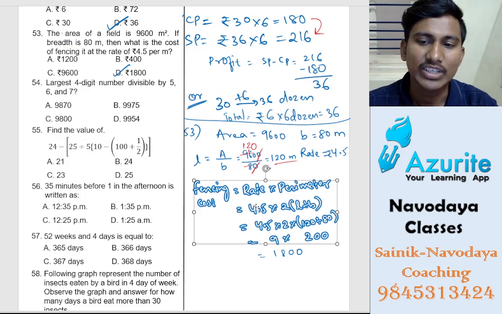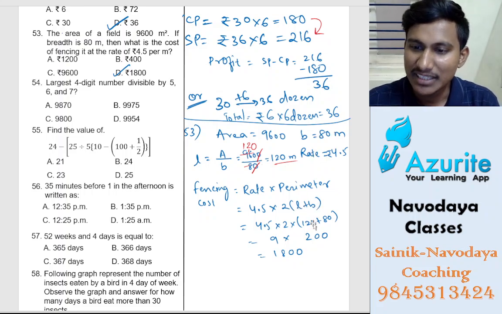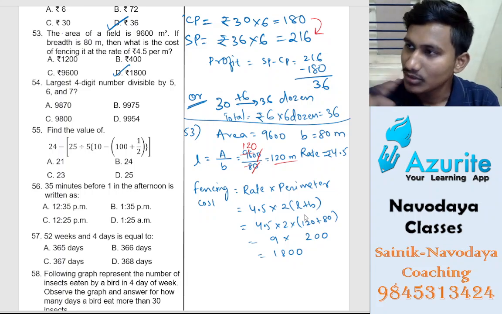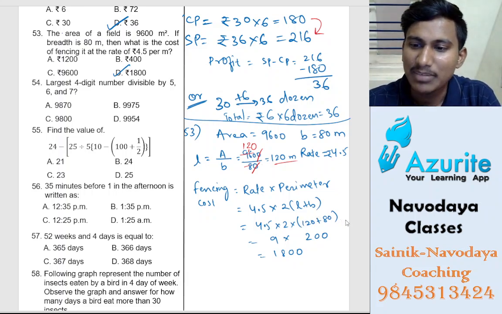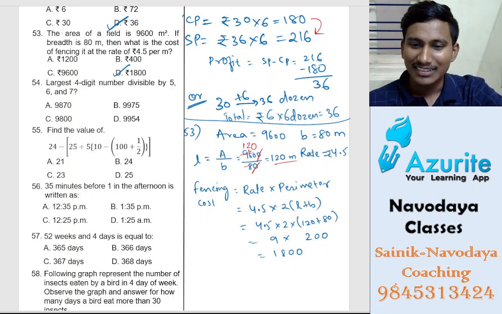So rate is 4.5 into 2 into length plus breadth. Length is 120 and breadth is 80, so 120 plus 80. That is how you get it.